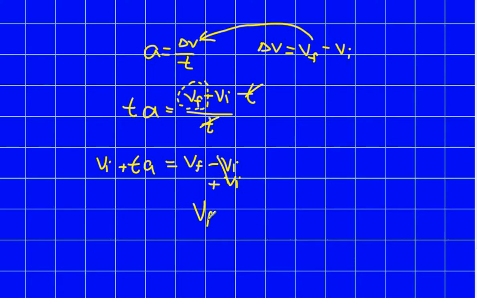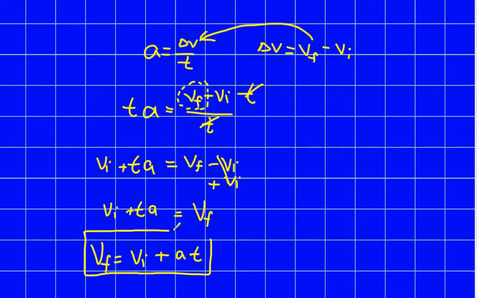And so I get Vf on this side equals T times A plus Vi. Now I'm just going to rearrange this to make it look like your reference tables. So I have Vf equaling Vi plus AT. And this ends up being the third of your equations in your reference tables. Now notice that it was nothing more than this equation up here, just solved for Vf. So most of the time we will use this.